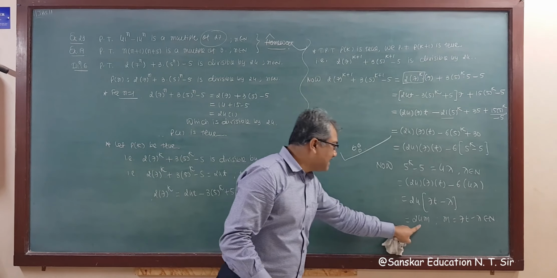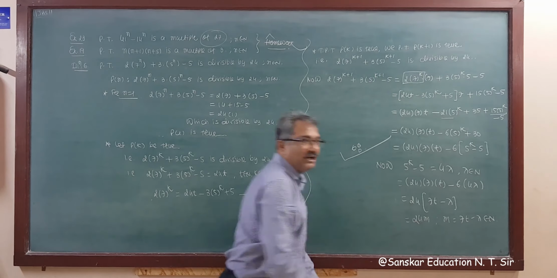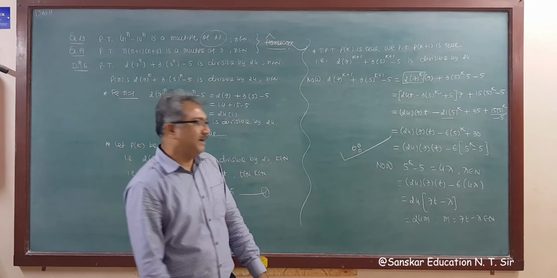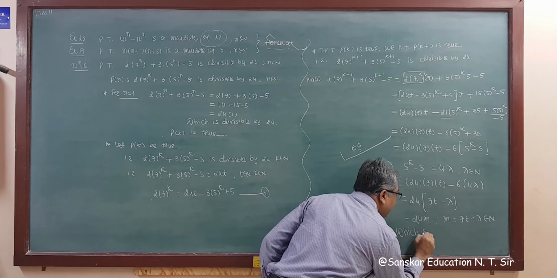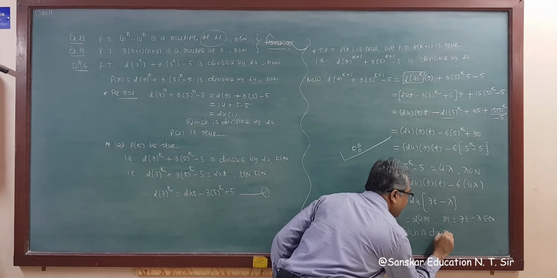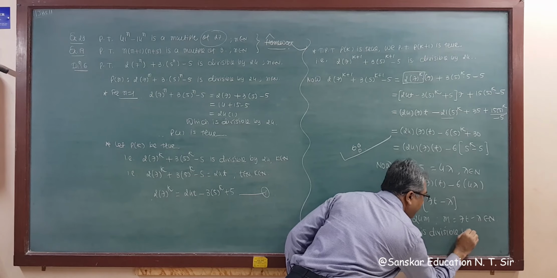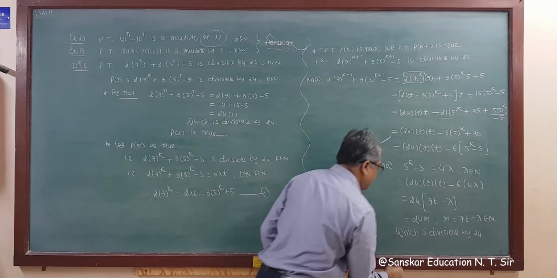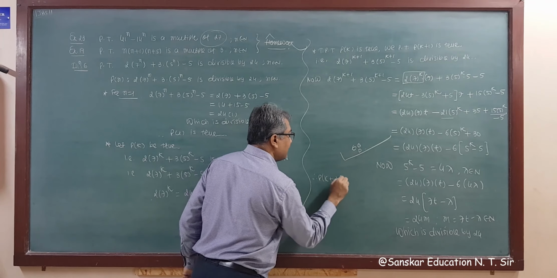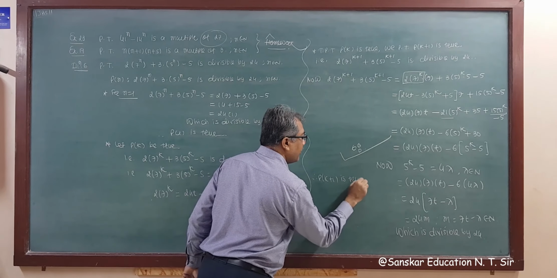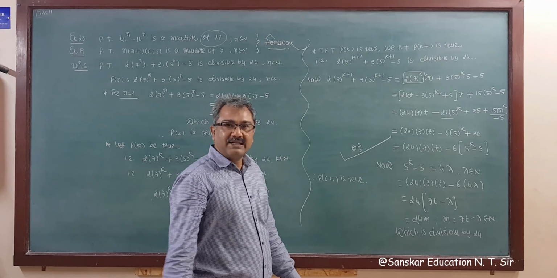So this is divisible by 24, right? Therefore P(k plus 1) is true.